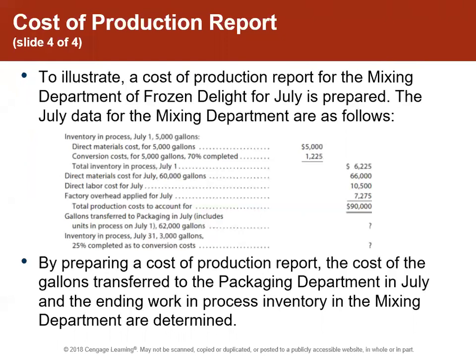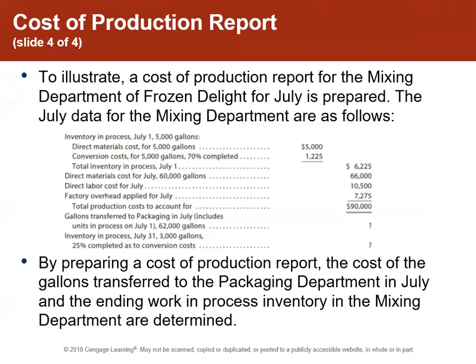So again, this is showing you a lot of information, but the end point is we're trying to calculate, if we had two different departments, mixing and then packaging with our ice cream, what costs of items finished and transferred to packaging and what costs were in ending inventory for mixing.